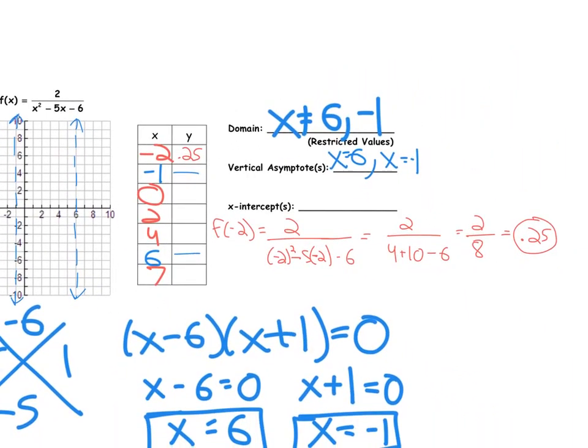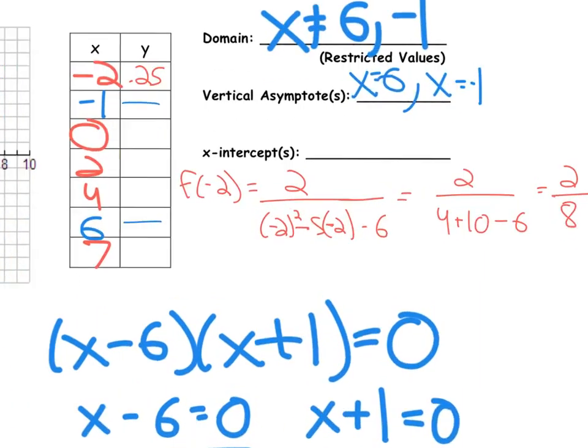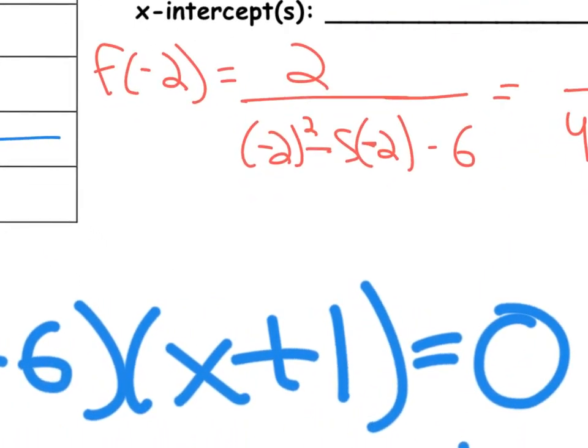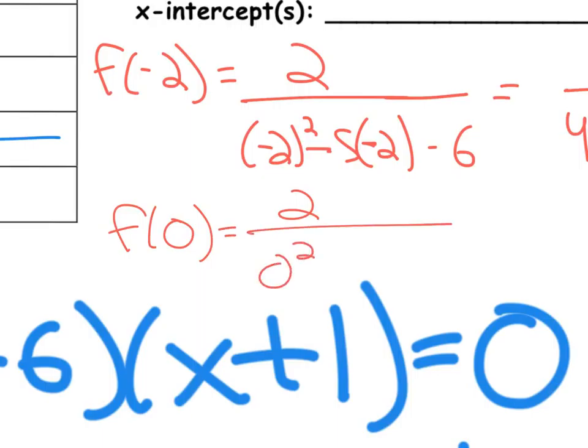Okay, and let's do one more of these. All right, let's do f of 0. Let's plug 0 in, and let's see what's going to happen. Okay, so f of 0 is going to be 2 divided by 0 squared minus 5 times 0 minus 6.